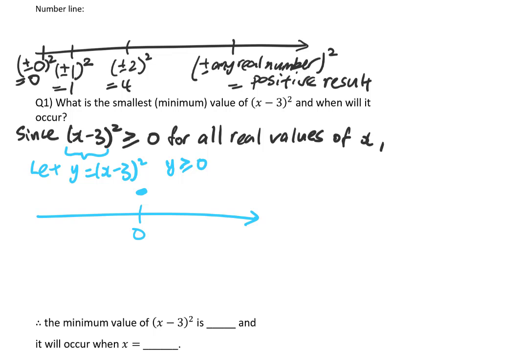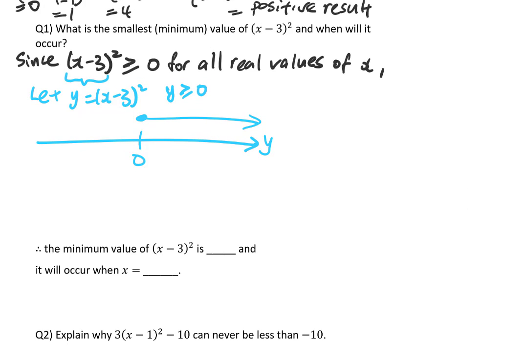For more than or equal, you have to shade the dot and point towards the right. So that means your minimum y, or minimum of x minus 3 squared, is 0. It can never go to the negative zone. You square a number, it cannot be negative.